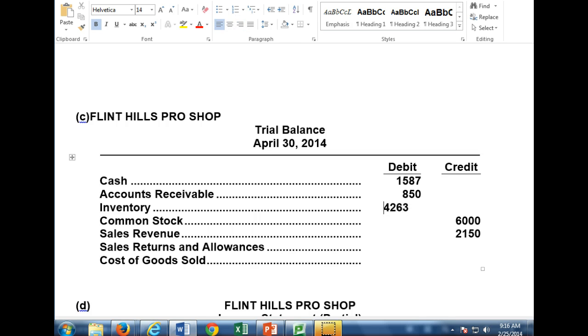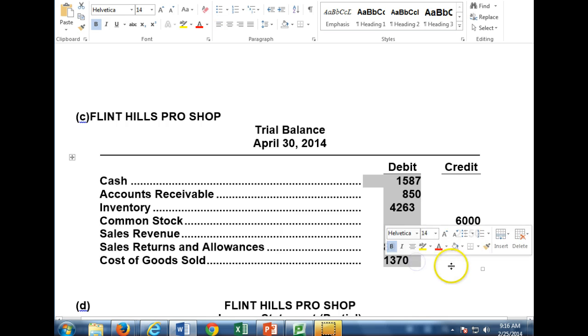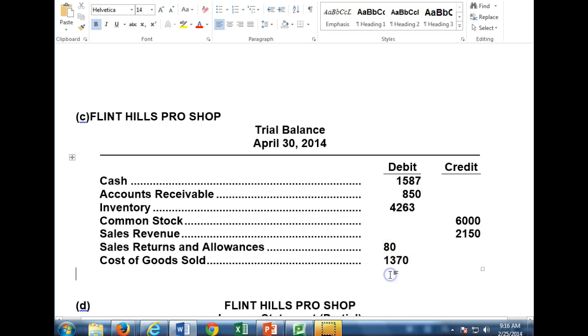Sorry, this of 80, and then cost of goods? 1370. If we totaled these sides up, what are we going to get here? The debits and the credits should be equal.